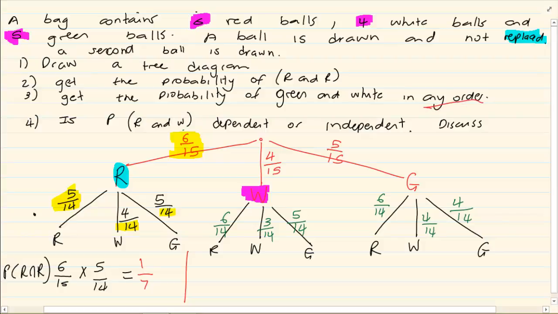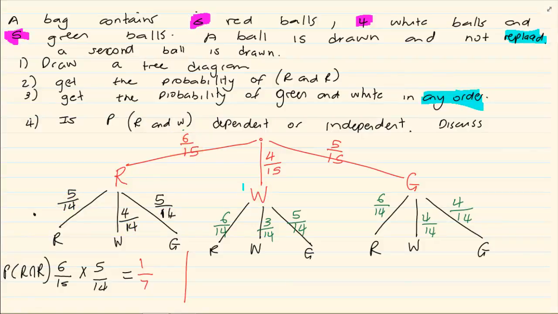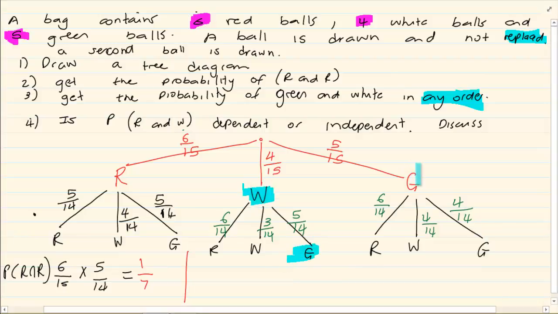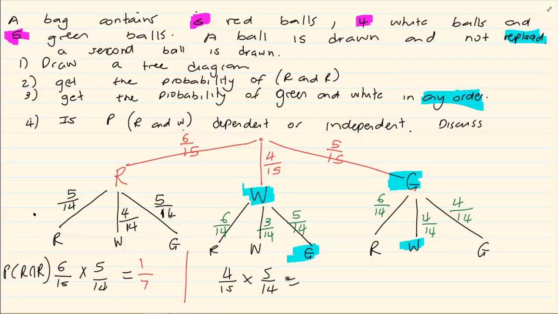Now remember, if they're saying in any order, that means I must look where do I have white and then green, or where do I have green and then white. Now the probability of green and white. For the first one, I have 4 over 15 times 5 over 14, which is equal to 8 over 105.